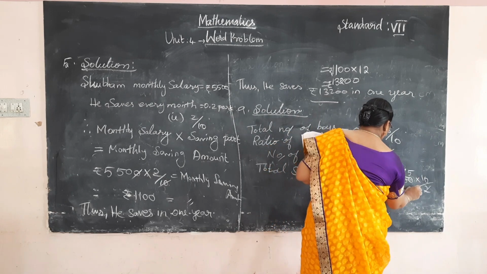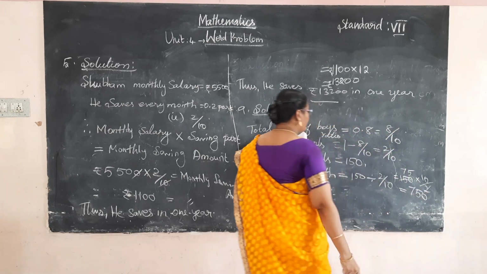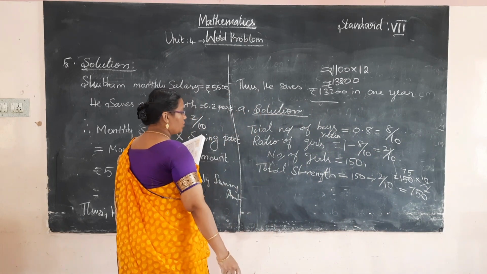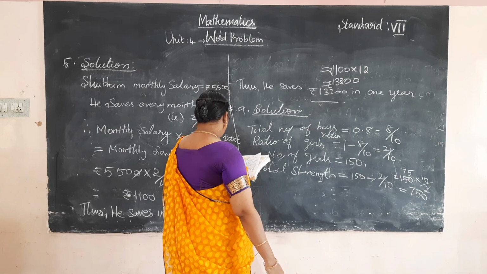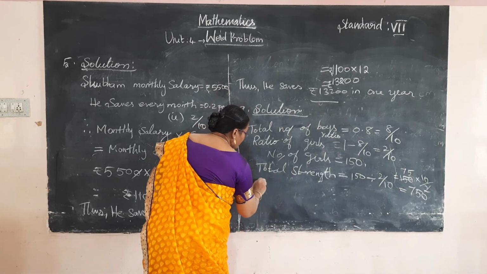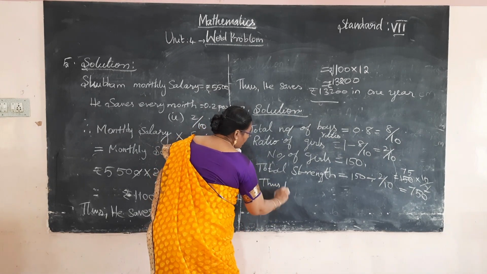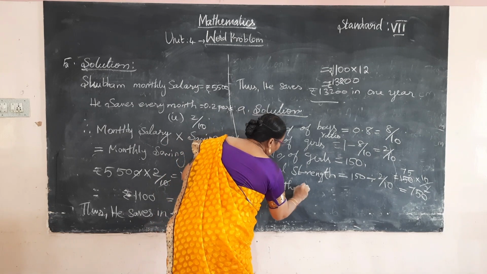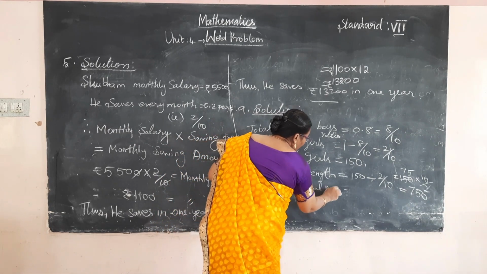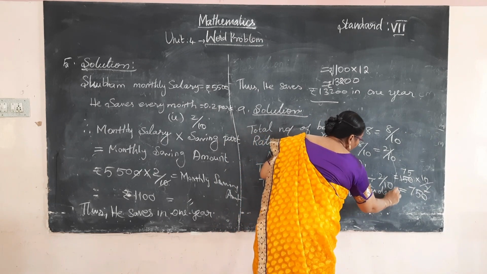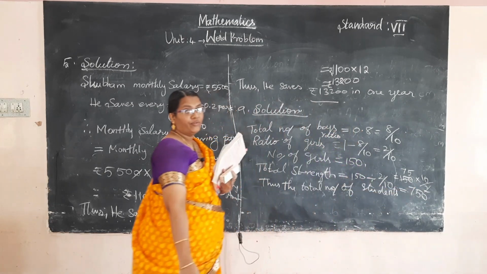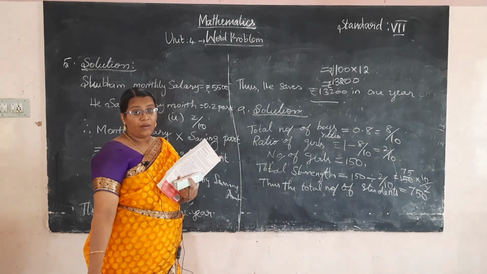So total strength is 750 students. Thus the total number of students is equal to 750.